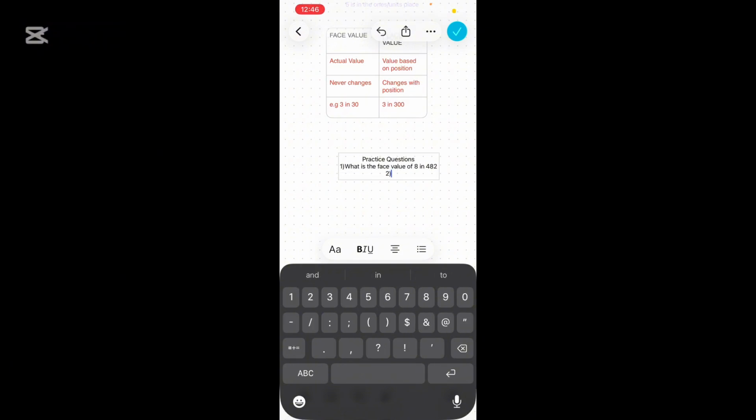Number 2, what is the place value of 3 in 543?